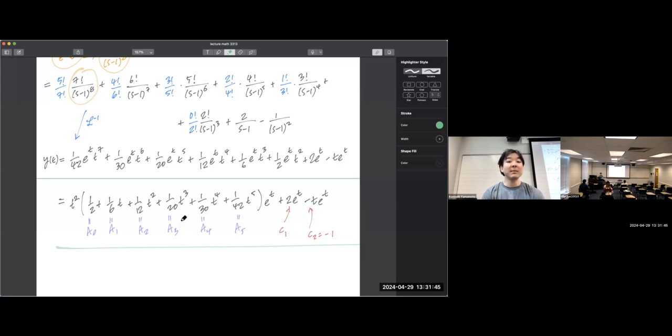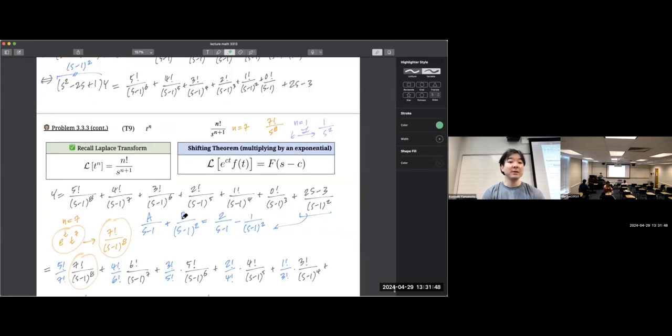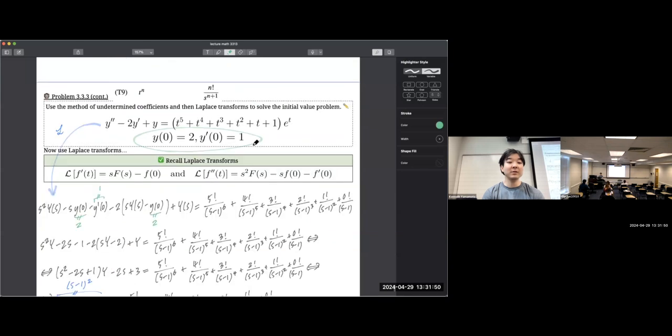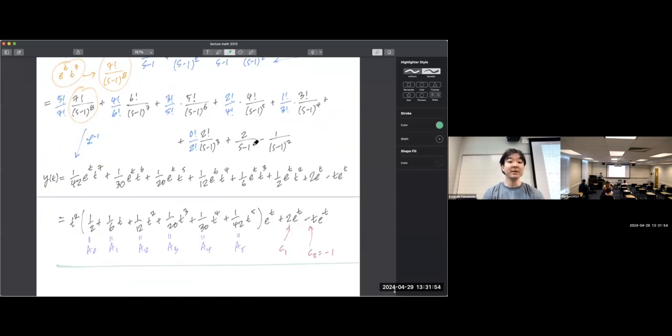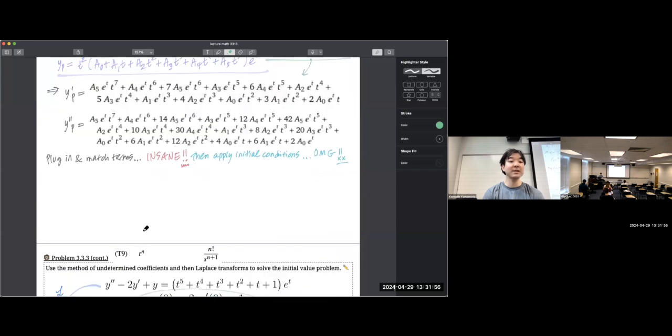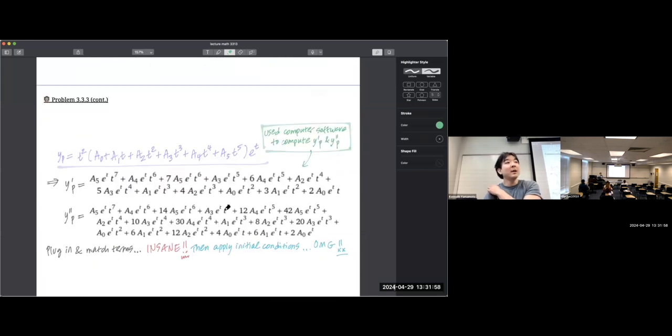But we were able to do it in about 2 pages using Laplace transforms. So that's the power of using Laplace, because this would have been ridiculous. And most software, if you use Mathematica or something, under the hood, they're not doing method of undetermined coefficients. They're using Laplace transforms.